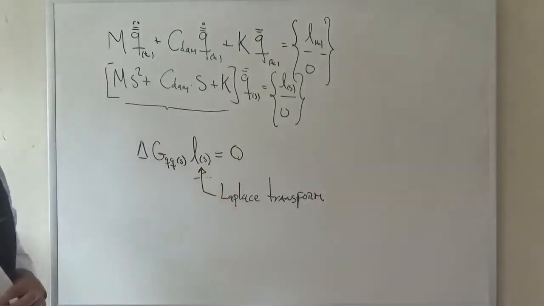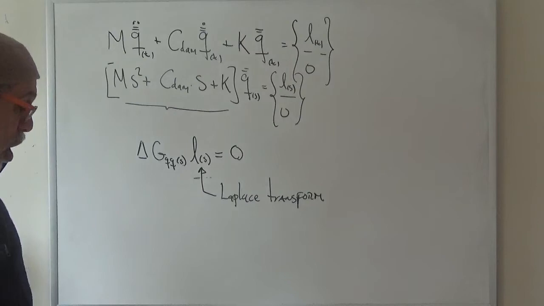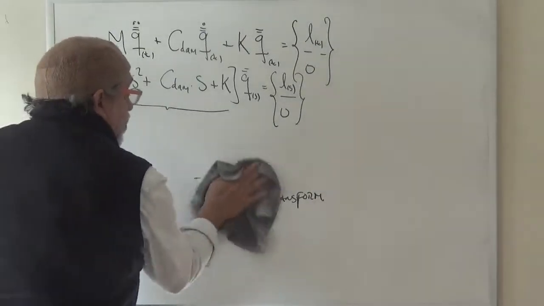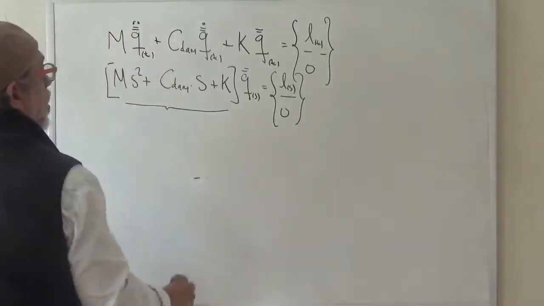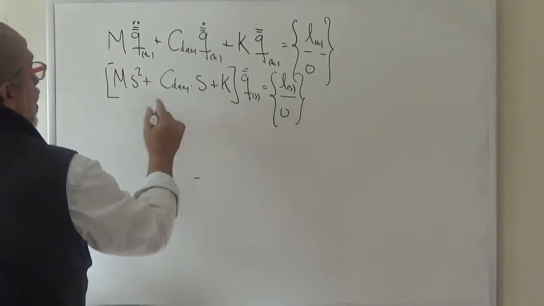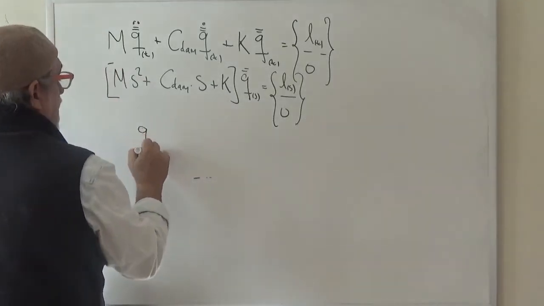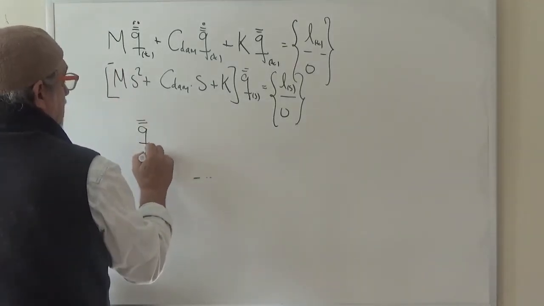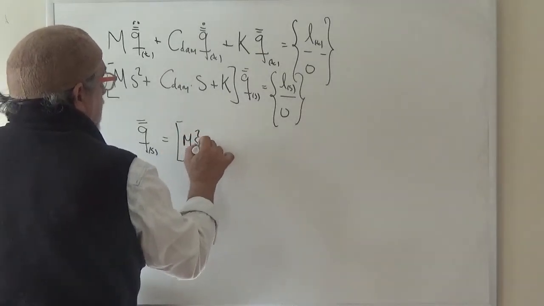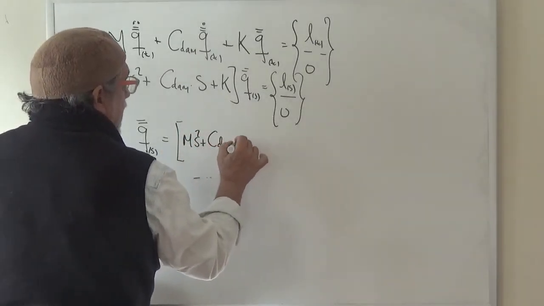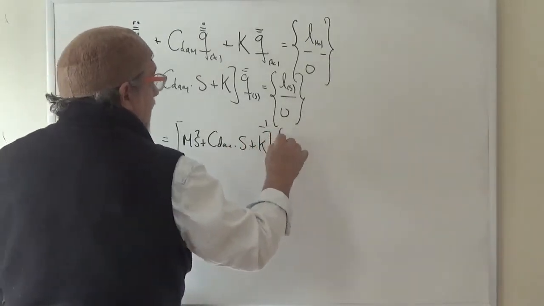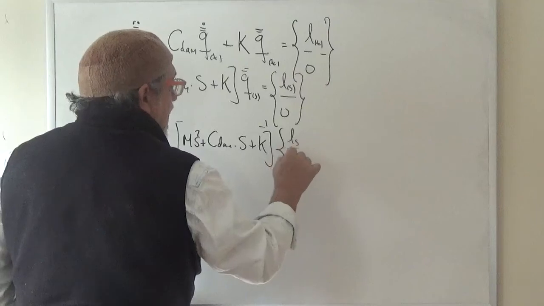This is some sort of a matrix that we cannot compute unless we have a model, right? Inverting this matrix, I get that q bar(s) is equal to (M s squared plus C damping times s plus K) to the minus 1 times L(s) and 0, right?